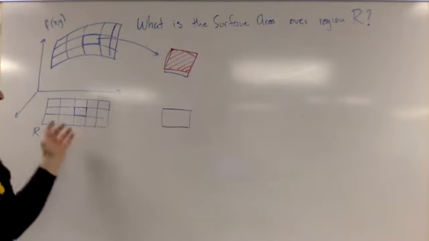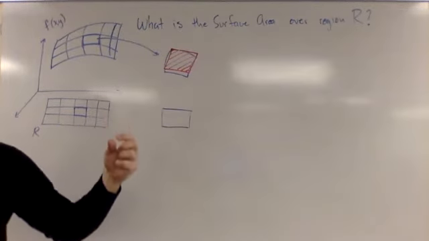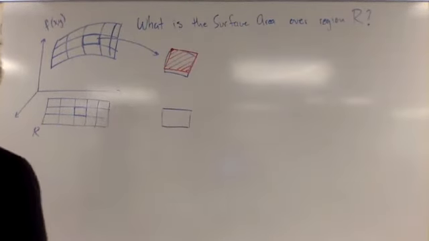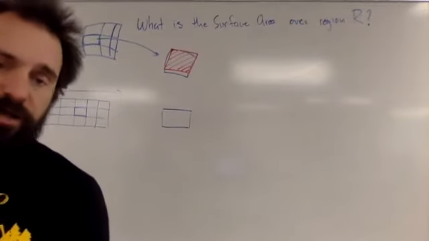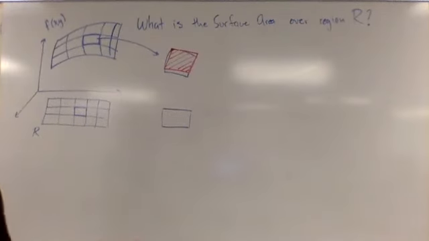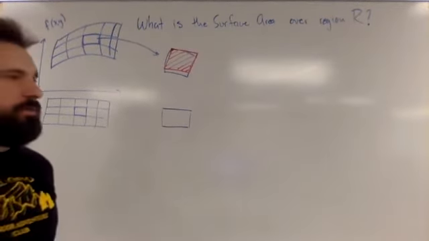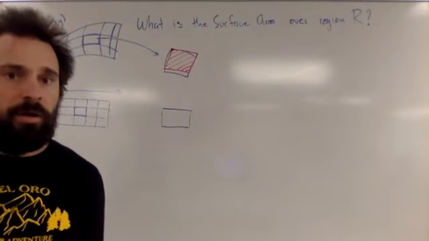Adding all those up, I'll get an approximation for the surface area over the region. And then we'll see that we can take a limit as m and n go to infinity, because I have two different dimensions happening at the same time. That limit to infinity will give me the double integral.